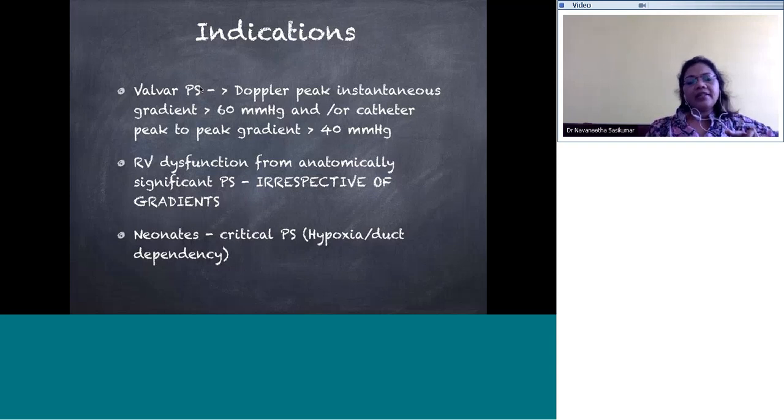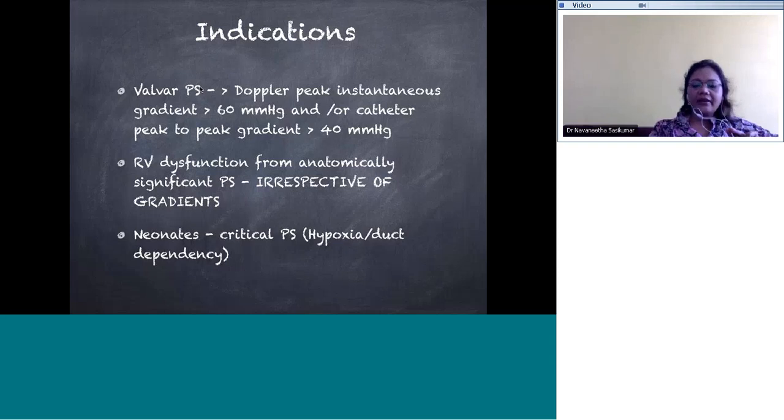Then there is a completely different entity, which is neonatal critical PS, essentially defined as hypoxia or duct dependency. So these are generally the indications for balloon dilatation of the pulmonary valve.